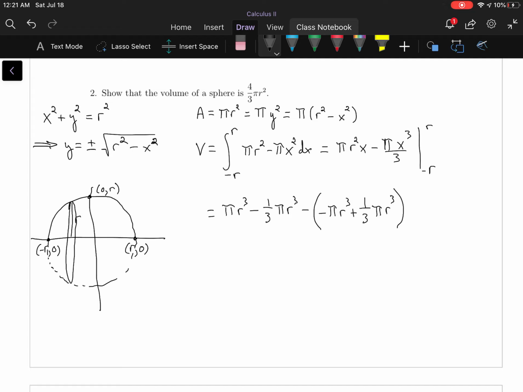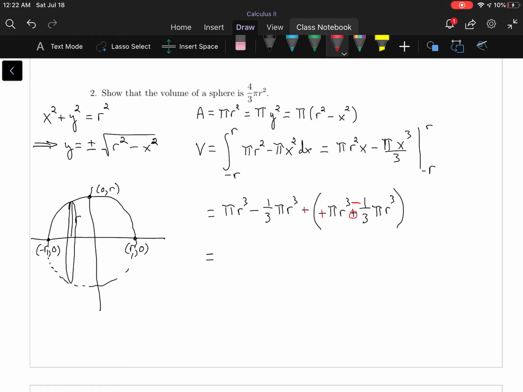And now we can start simplifying. So I see that this minus sign out front is going to make this one positive, and this one will be negative.